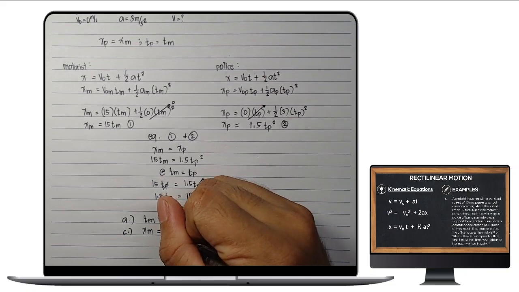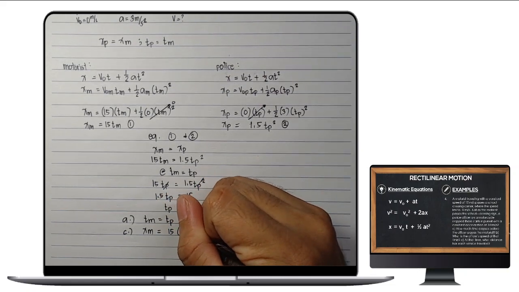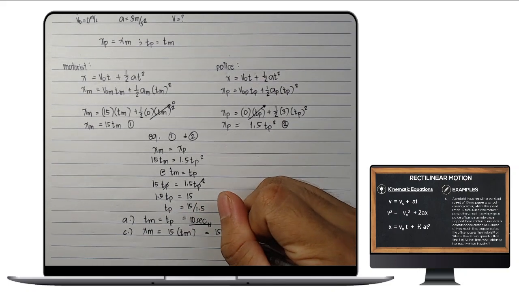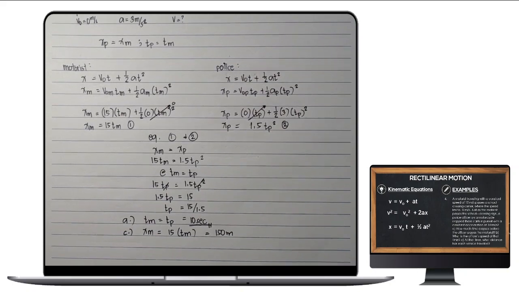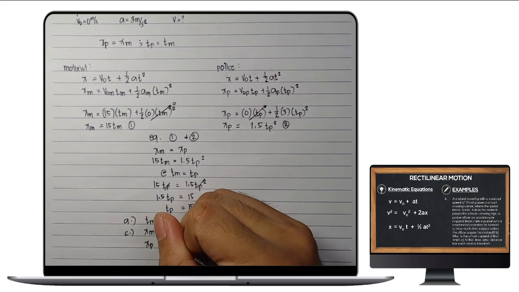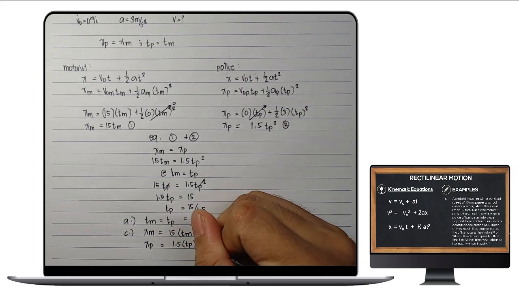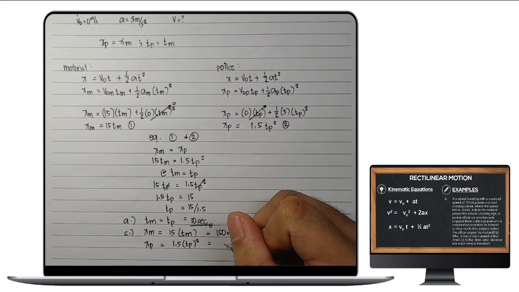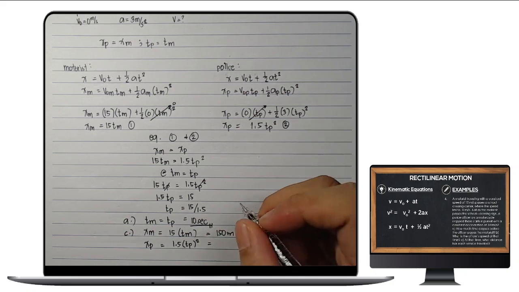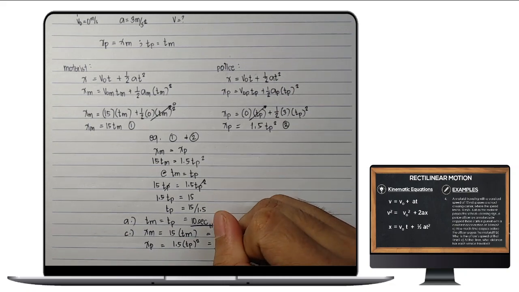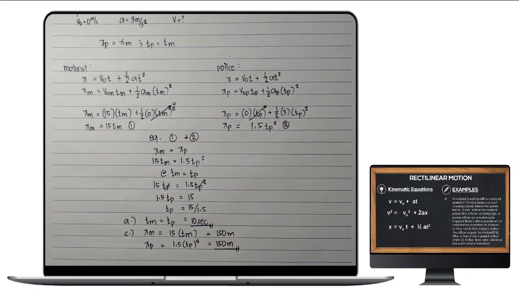That is 15 times time of the motorist, so 15 times 10, that is 150 meters. For the police, x sub p is 1.5 times time of the police squared. Time of the police is 10 seconds, squared is 100, times 1.5, so that is 150 meters also. Obviously, the value of their distances will be the same, both 150.